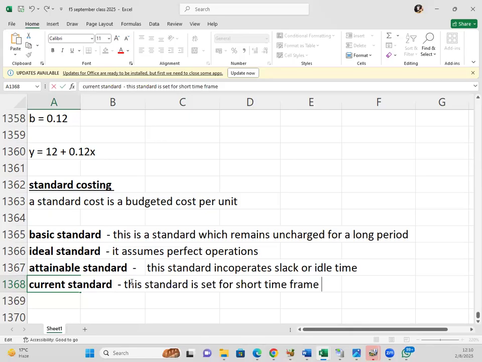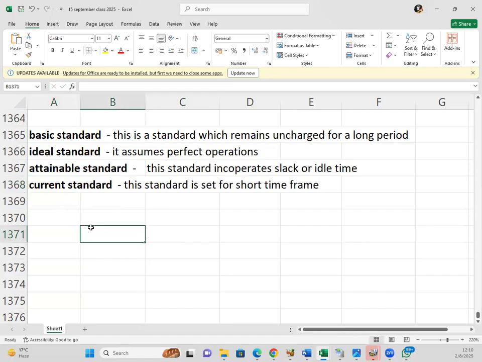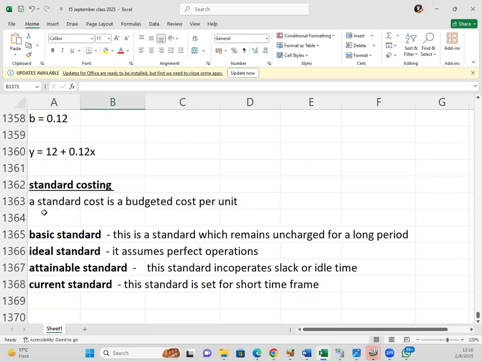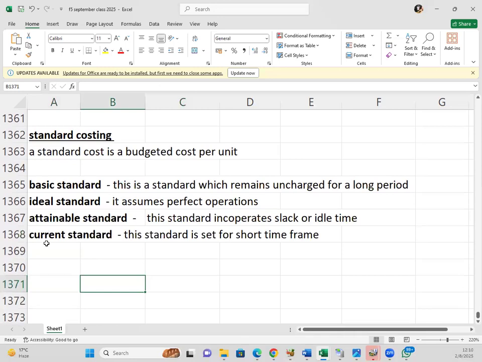So these are some of the methods or ways we can use to come up with a standard or a target that we want to achieve. The standard is predetermined. This is before the actual production. So we come up with a standard before the actual cost.